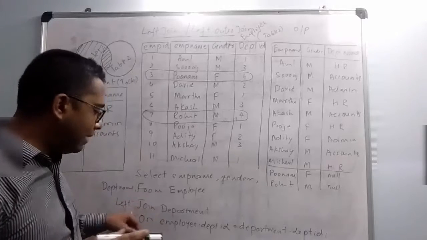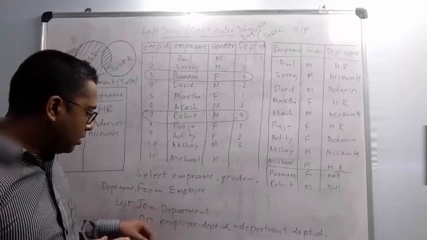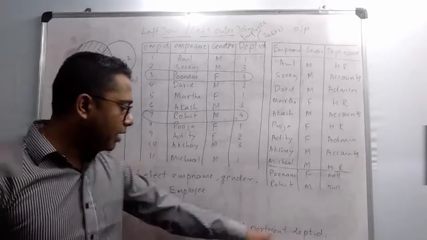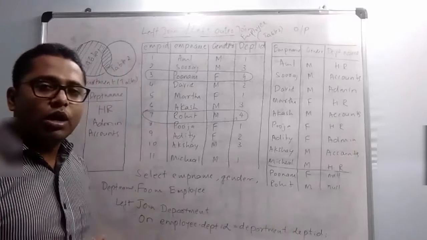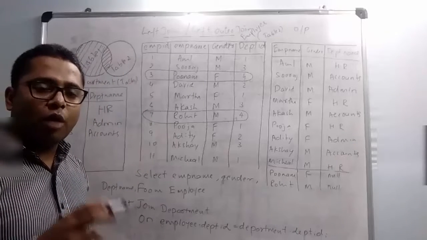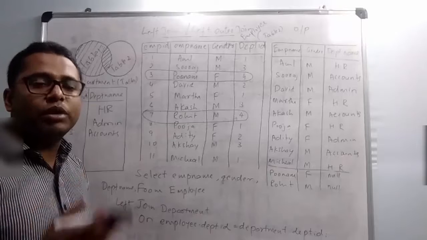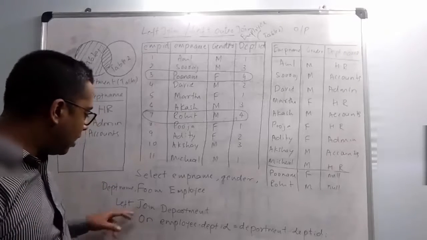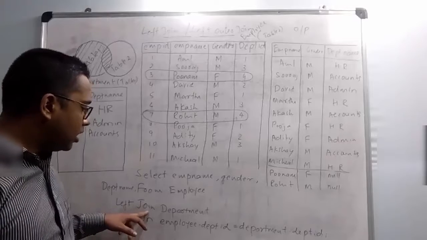I want to use left join department on employee dot department ID equals department dot department ID. We need to match on the common columns present in both tables, employee and department. So here I have chosen the left join.